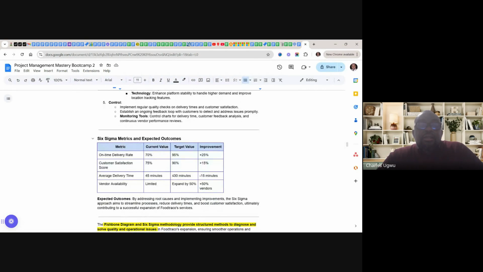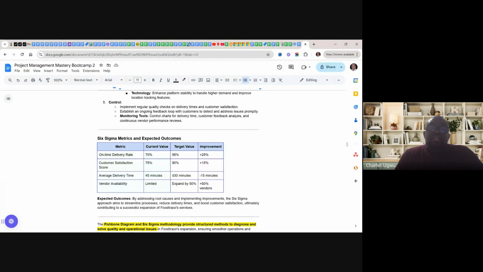And that is it. In this metrics, you see on-time delivery rate, if you want to use Six Sigma, under this matrix, the current value is 70%. That is on-time delivery. The target is 90%, 95% on-time delivery.